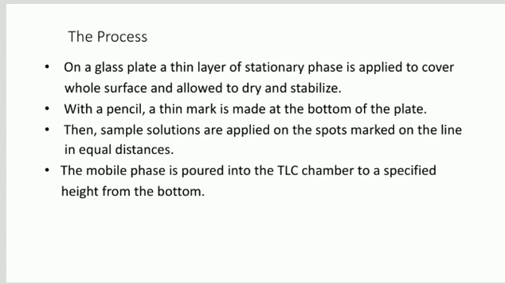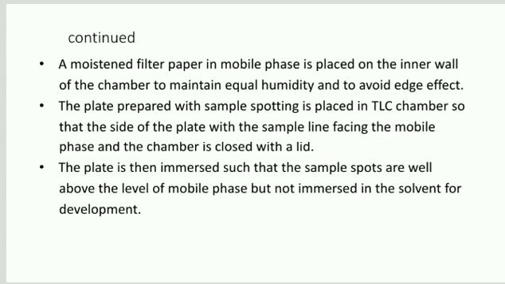The mobile phase is poured into the TLC chamber to a specified height from the bottom. A filter paper moistened in the mobile phase is placed on the inner wall of the chamber to maintain equal humidity and to avoid edge effect.